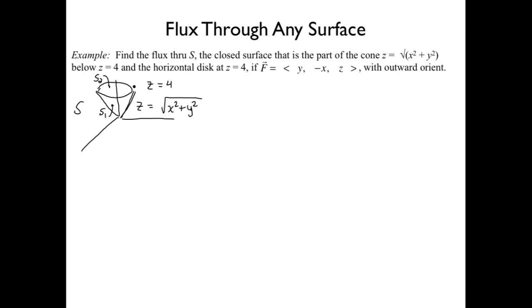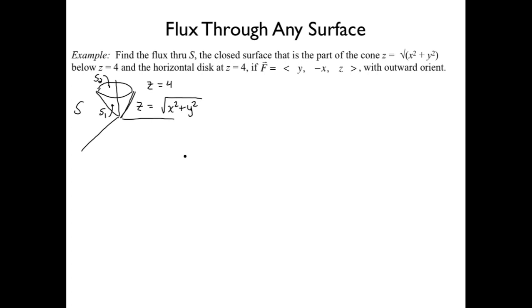Since we're going to use polar coordinates for both of them, these both are going to be done the long way. We're not going to use the shortcut, and we're not going to use z as a function of x and y, because the cone projects into the xy plane as a disk. So we're going to do the cross product, r_r cross r_theta, for both of them.